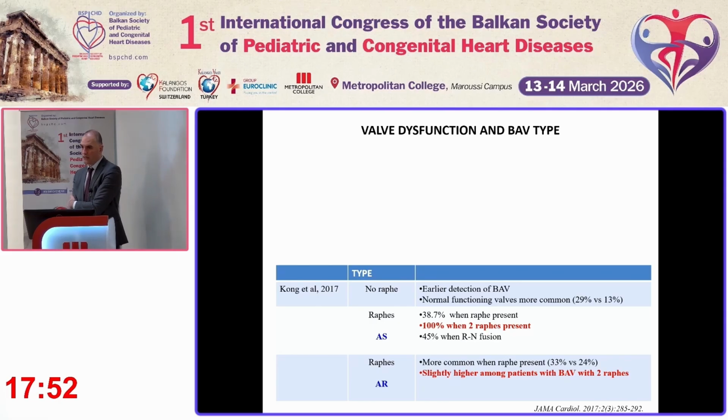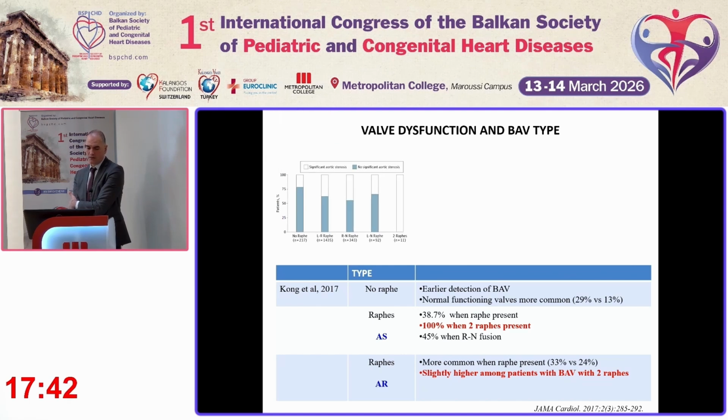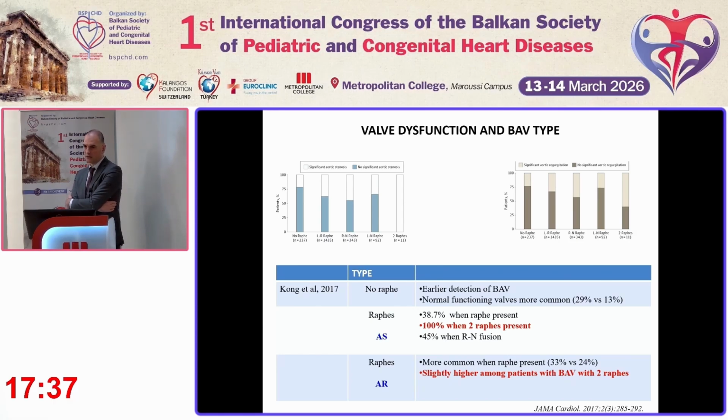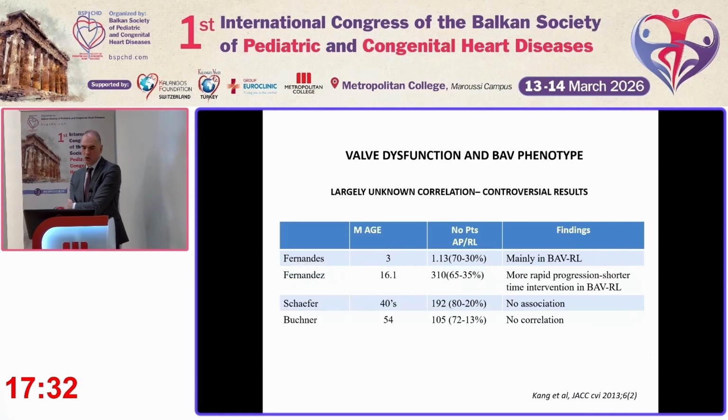Now, we know from the existing evidence that the more raphes we've got, the more significant the disease will be. So the severity of stenosis and regurgitation depends on the existence and number of raphes. While data are conflicting with regards to the rate of progression, how rapid the progression to a significant disease will be, we cannot assess that just based on the initial anatomy of the aortic valve.